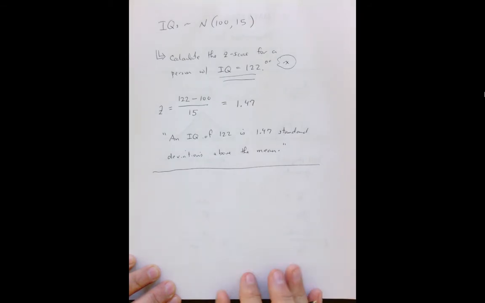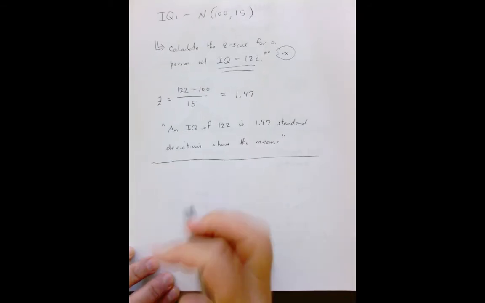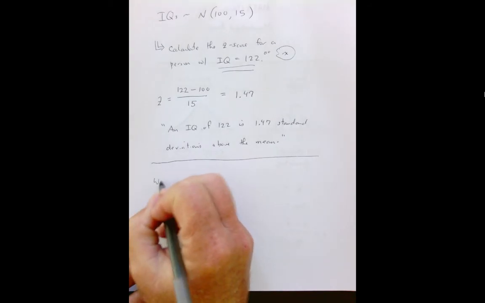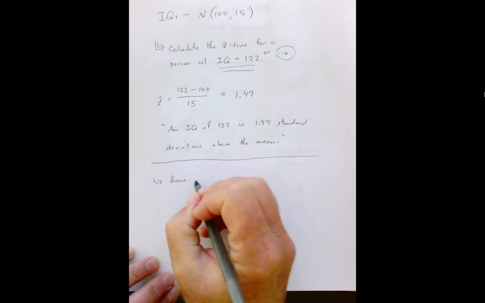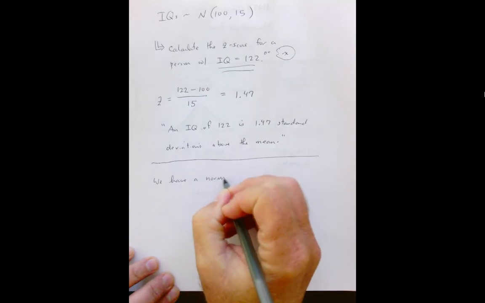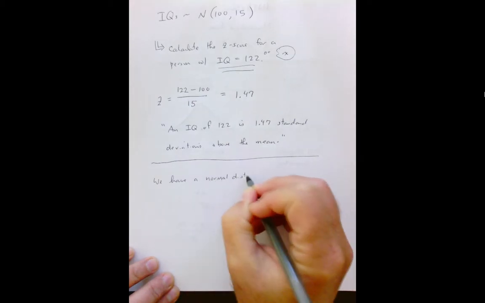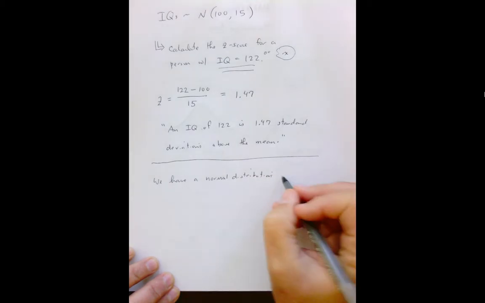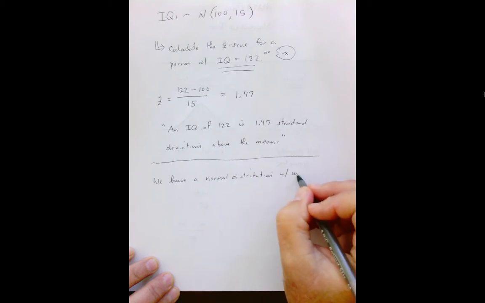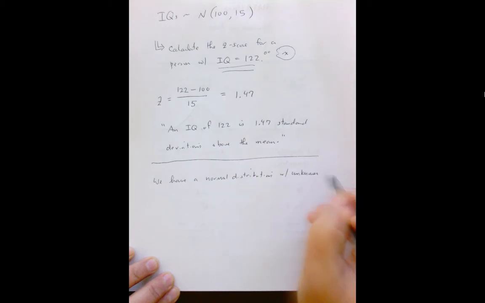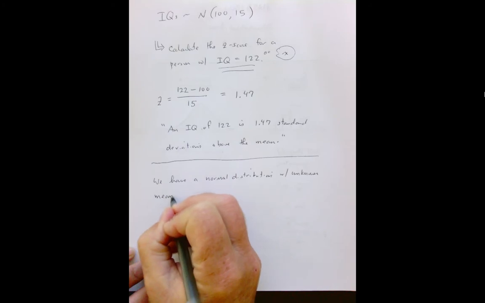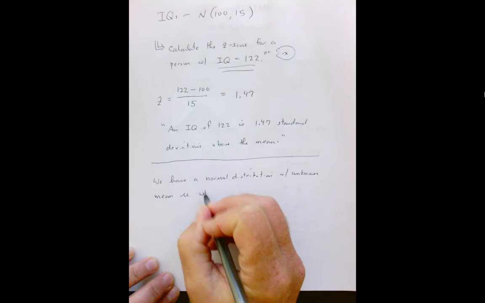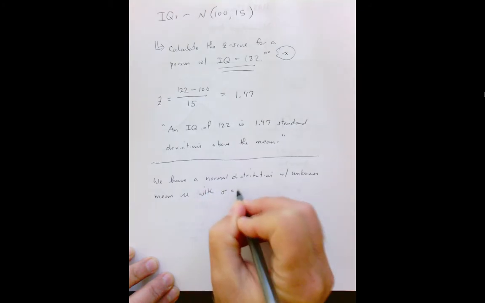Now, sometimes we're asked to change things up a little bit. Let's say we have a normal distribution with unknown mean mu, with sigma equal to 10.